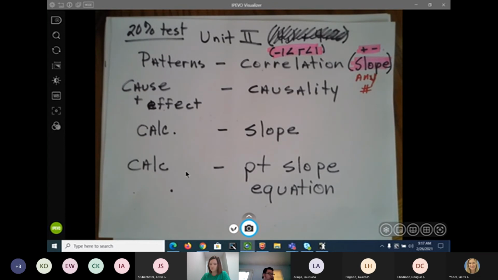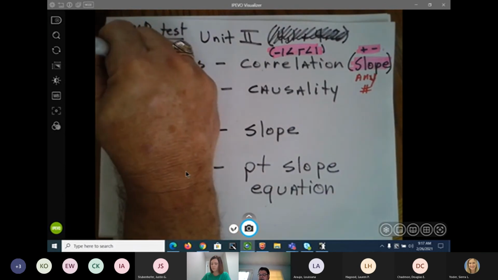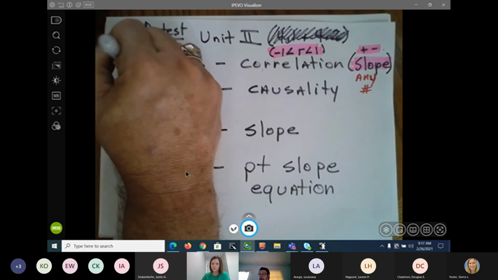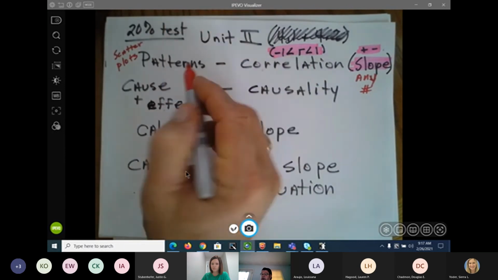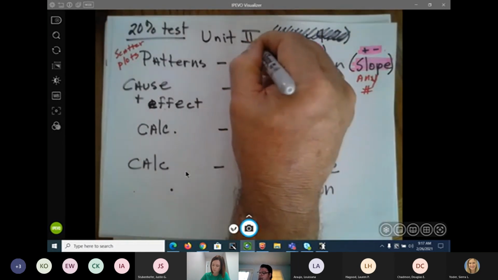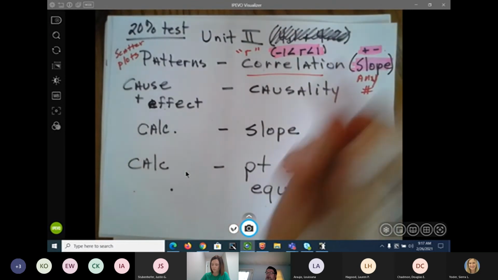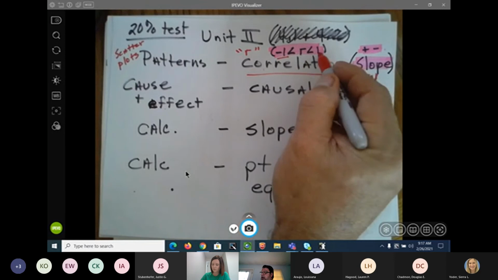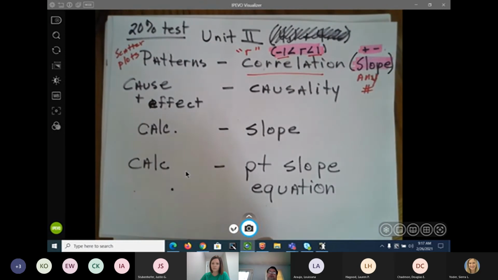Usually when you're dealing with scatter plots, and you might want to write that down out to the side, scatter plots, you're going to be working with correlation. Correlation is a number. It is represented by R. And it is between -1 and +1.